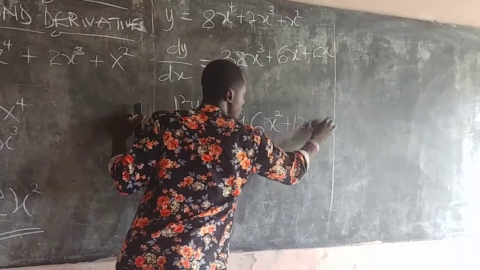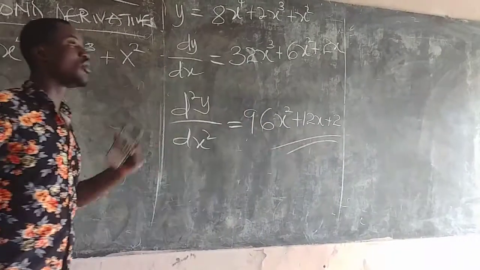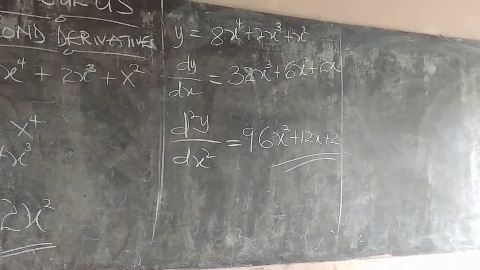If you differentiate it, you get 2. So this is what we call second derivative.